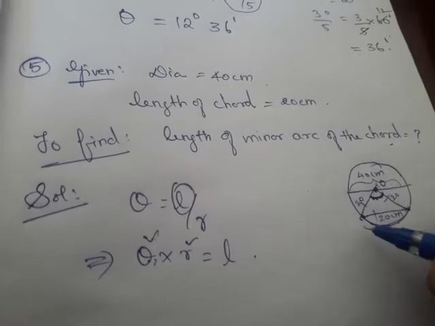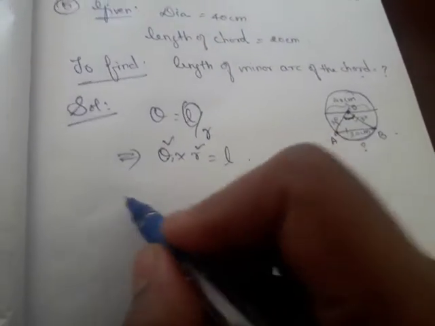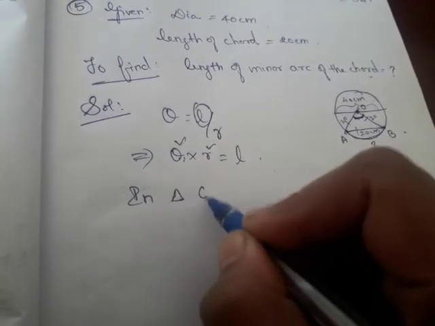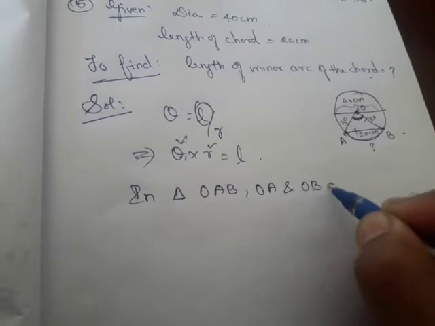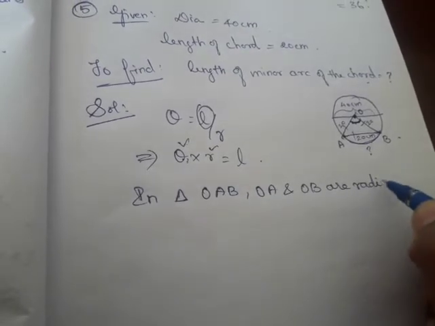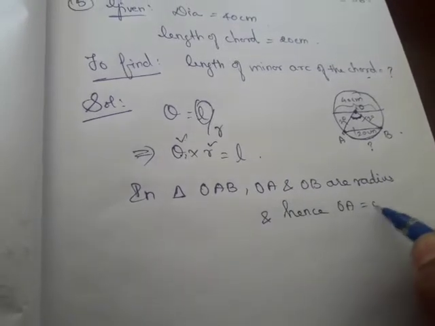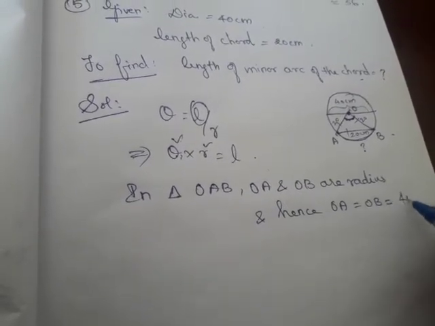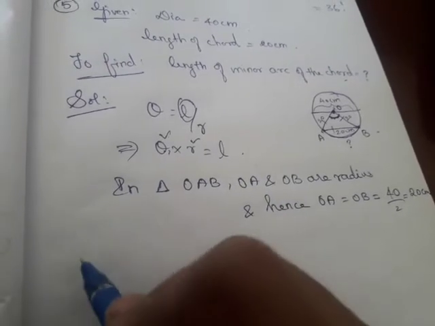So mark this as O, A, B. We need to give an explanation here. In triangle OAB, OA and OB are radius, and hence OA equals OB equals 40 divided by 2, which equals 20 centimeter.